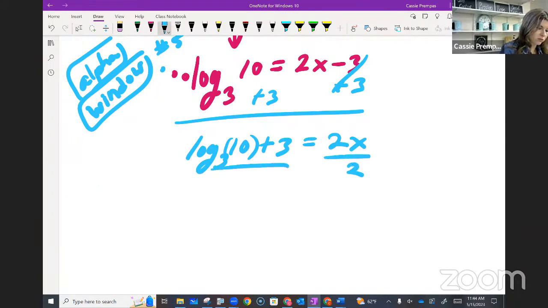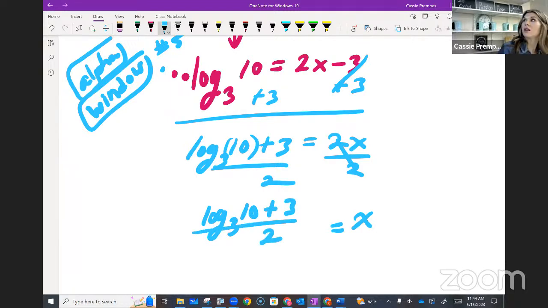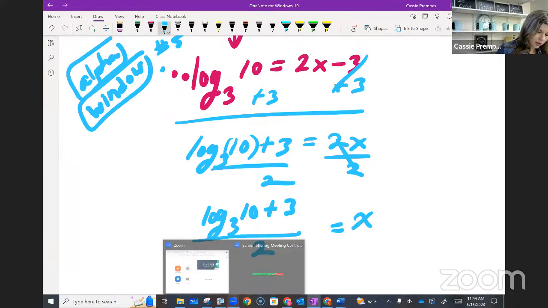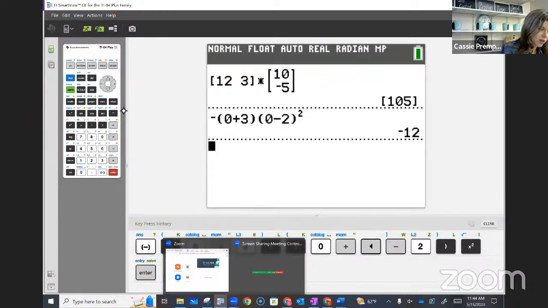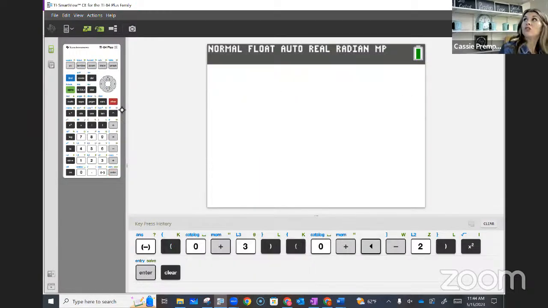Divide by 2. Now, if you didn't have your calculator, or even if you do, this is the exact answer. It's not rounded. You solved for it exactly. Log base 3 of 10 plus 3, like that, divided by 2. In your calculator, we're going to have to do that exact same thing. Do you remember how to enter in a fraction?